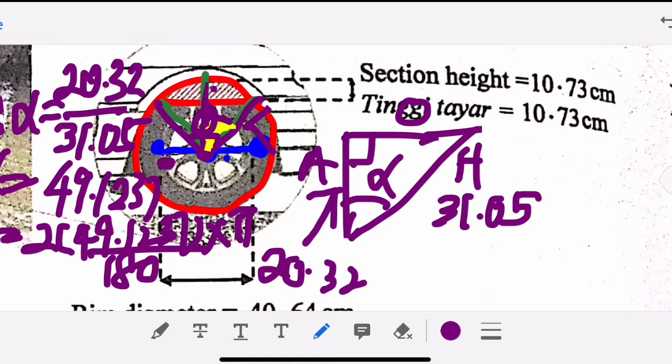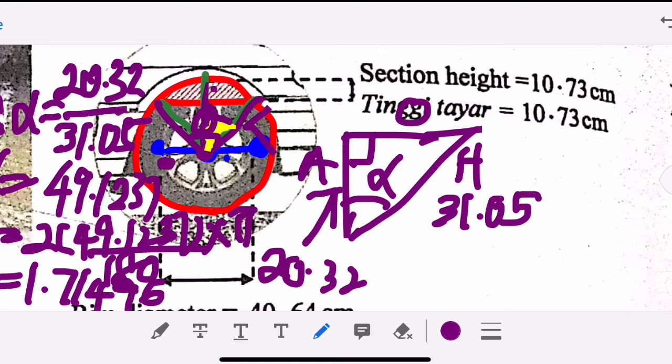That is the angle in radian. You can give the angle in radian as 1.715.